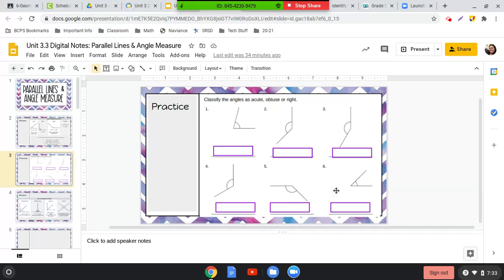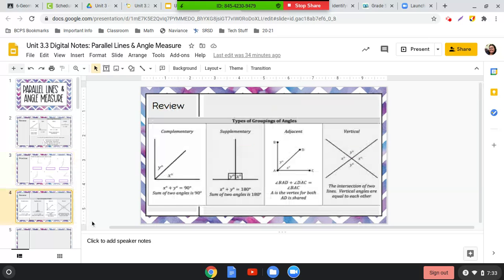And six has this little bitty, almost adorable little mouth, so it's going to be acute. So hopefully you got all those filled in, and we are comfortable with acute, obtuse, and right angles.